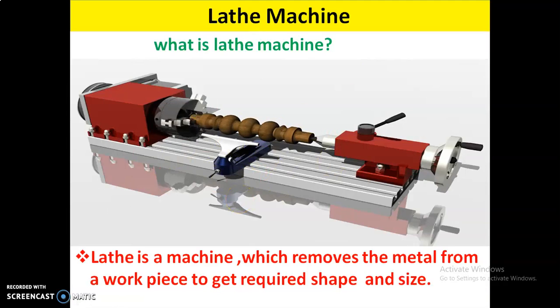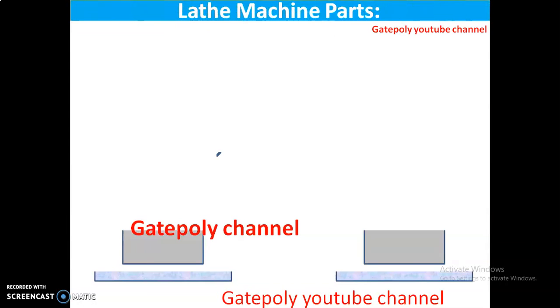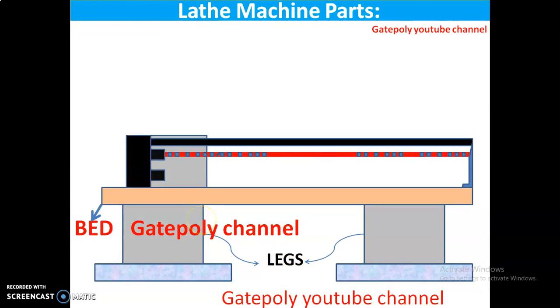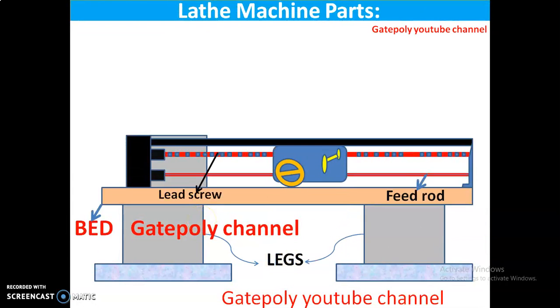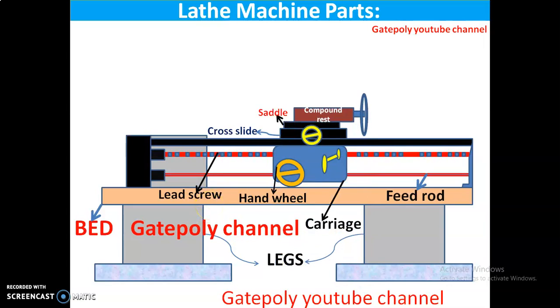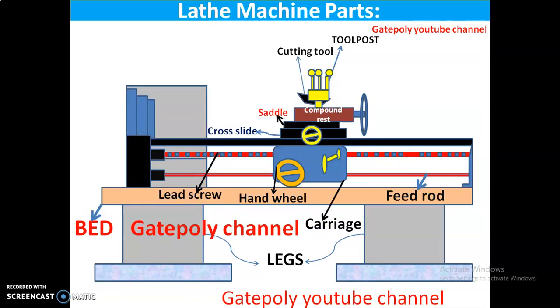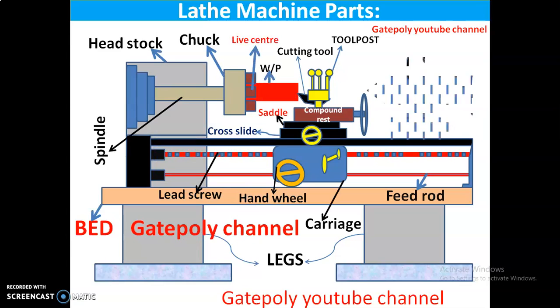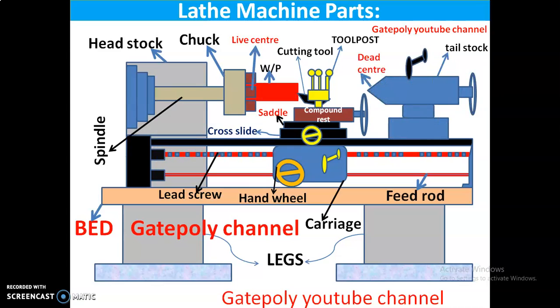Once again, see some parts of the lathe machine. These are the legs, this one is the bed, this is the lead screw and feed rod, and this is the carriage, hand wheel, cross slide, saddle, compound rest, tool post, cutting tool, and headstock, spindle, and chuck, workpiece, live center, tailstock, dead center.